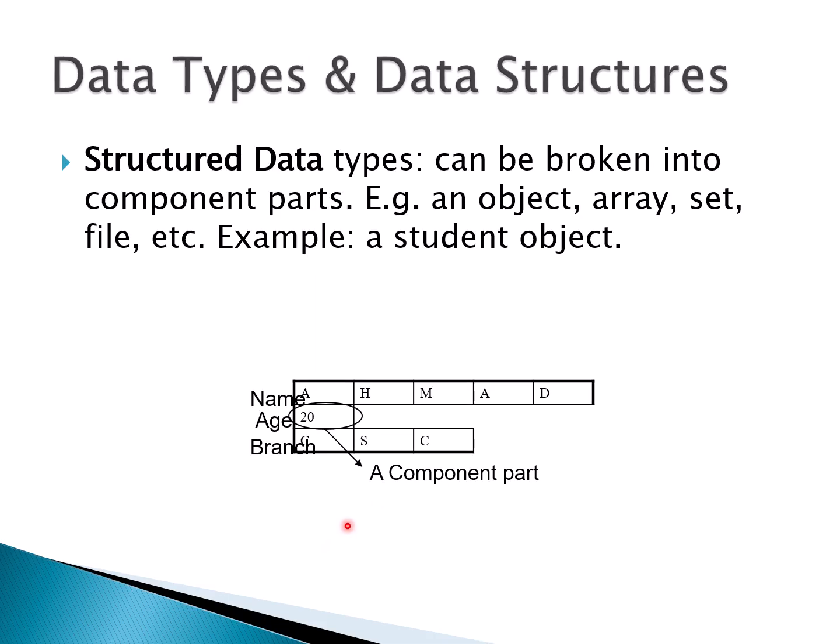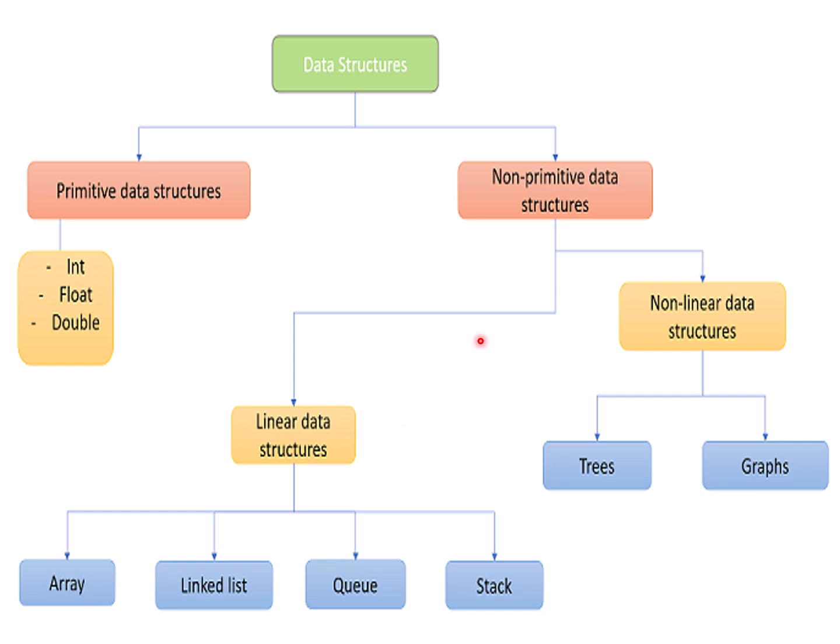Now you can see the supported data types mentioned here: name, age, branch. Name is AHMAD, age is 20, and branch is CSC.